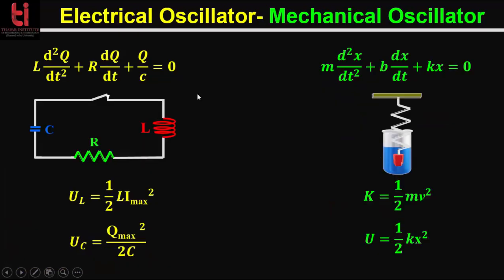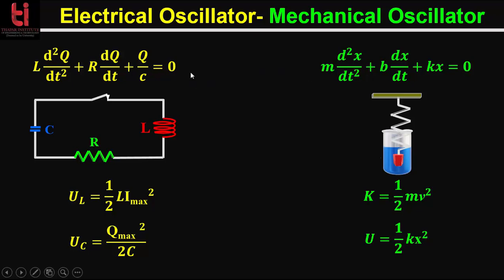So now if we compare the electrical oscillator with the mechanical oscillator, this is the differential equation for the electrical oscillator and this is the differential equation for the mechanical oscillator. Basically both are identical.